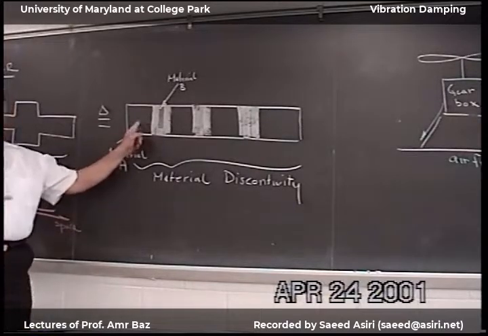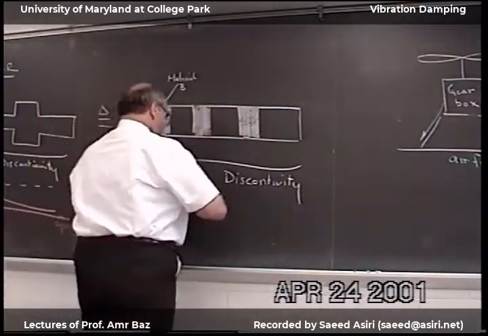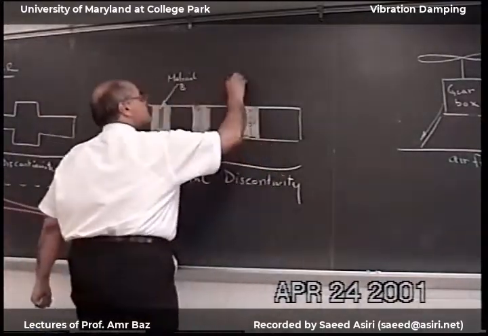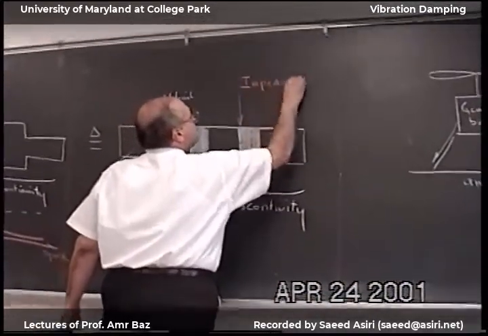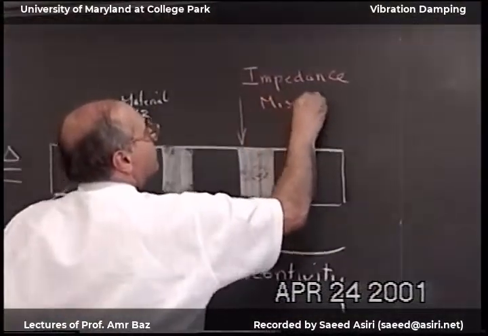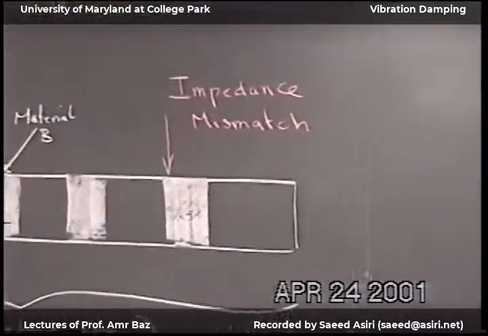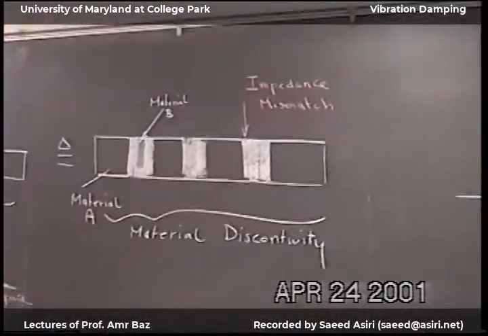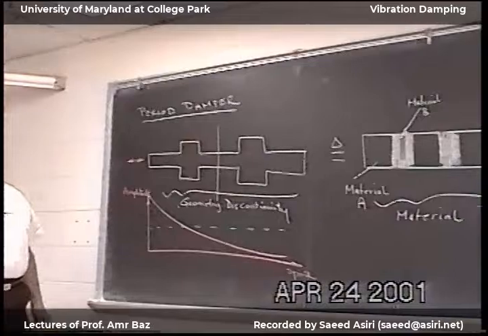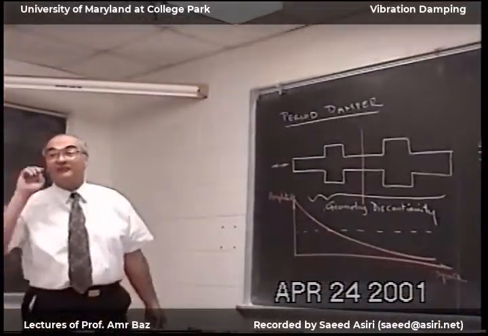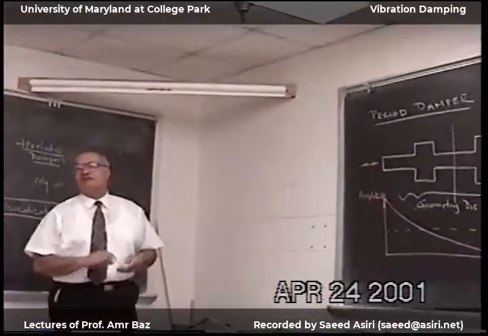So you have change in the boundaries, and you have what is called at this boundary impedance mismatch. Once you have an impedance mismatch, then you have reflection and transmission. If you design them properly, I can make the reflection and the transmission cancel each other. And you will see this when hopefully we get to it at the end of the day today. So now these are completely passive, completely passive.